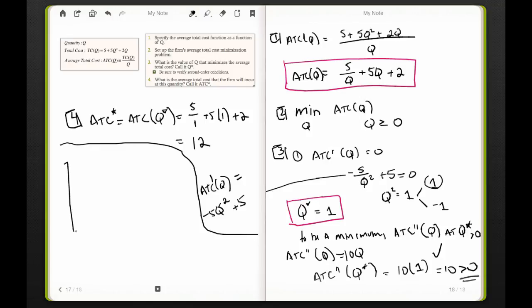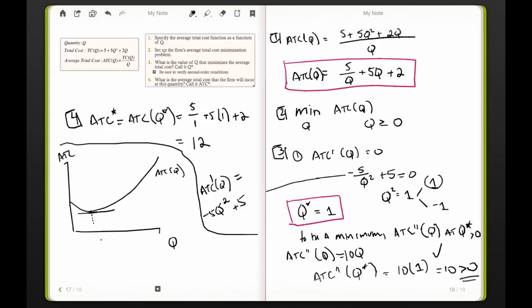So that's it. I just want to show you what you just did if you were to graph this out. Here's Q, here's ATC. If you were to graph this out, it's going to look something like this, and this is going to be my average total cost function. What you did was you found the derivative. The derivative tells us the slope at any point along this curve. You set it equal to 0, which means you found this point right here.